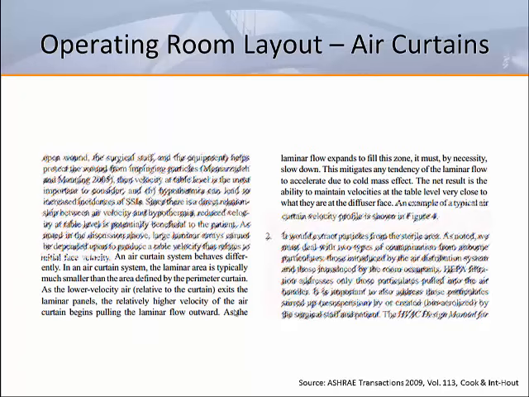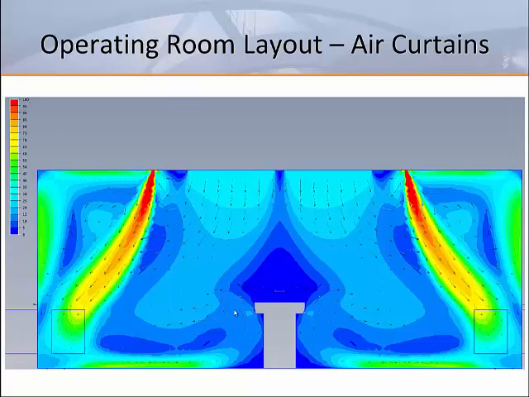The result of that is you're able to maintain velocities at the table very close to what they are at the diffuser face. As you can see in this CFD example, you have the high velocity air entering the operating room from the air curtain diffusers.